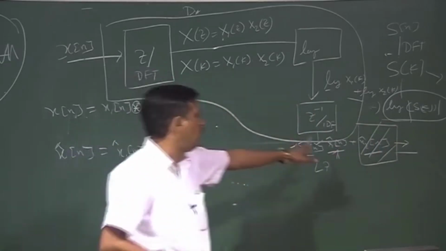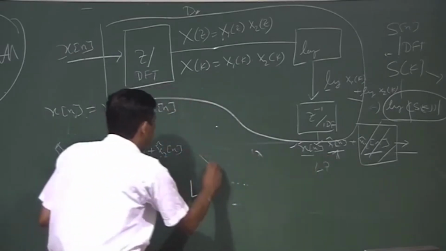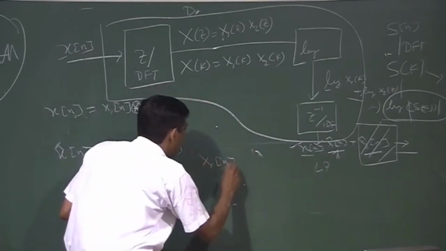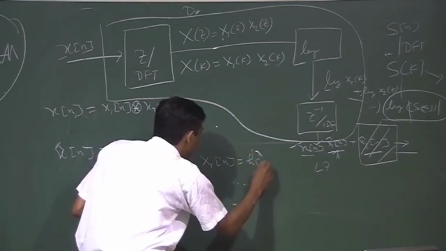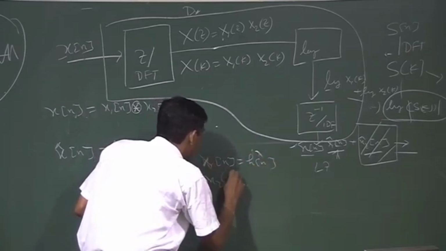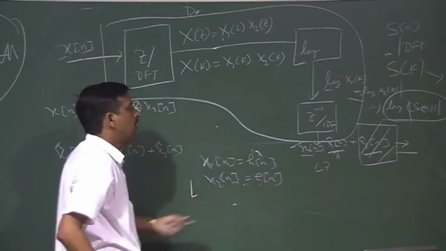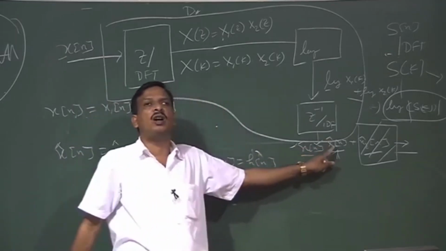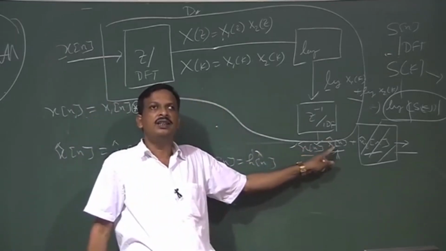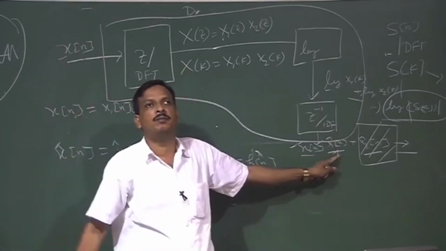So let x1 n be equal to h n and x2 n be equal to e n. Then I have removed e n, and whatever x cap 1 n is present represents the envelope of the spectrum.